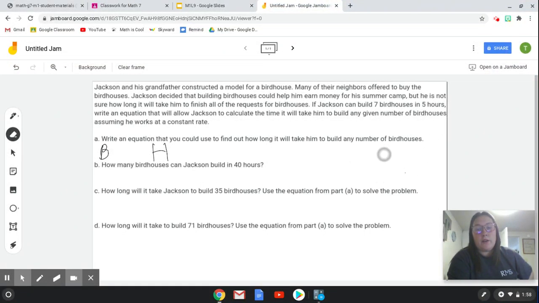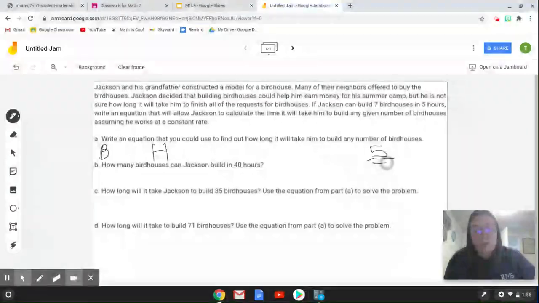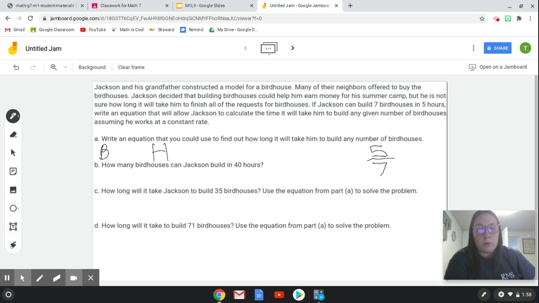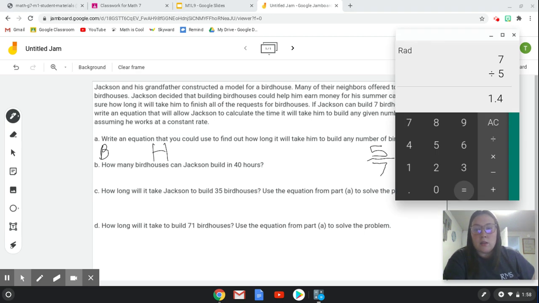We're going to need to figure out how long it would take Jackson to make 1 whole birdhouse. So we're going to put the 5 hours over 7 birdhouses, and then we'll calculate that, 5 divided by 7.